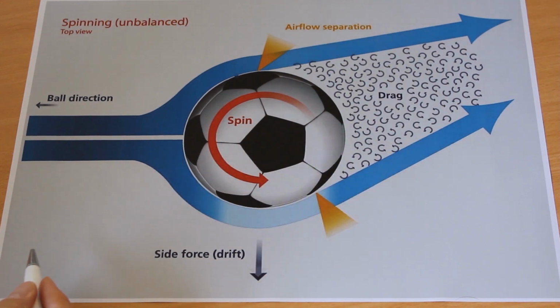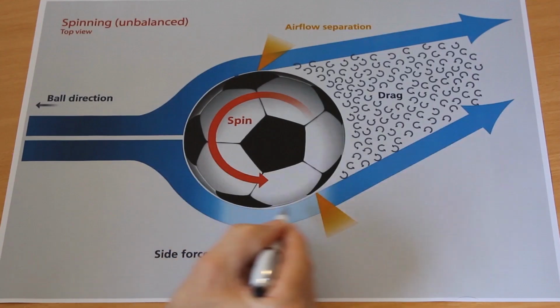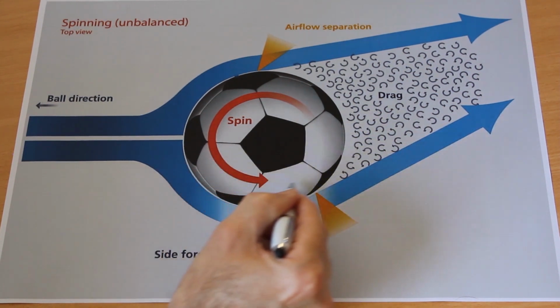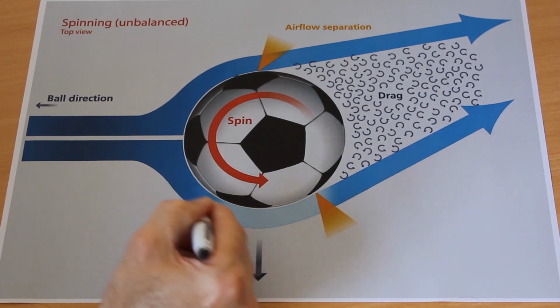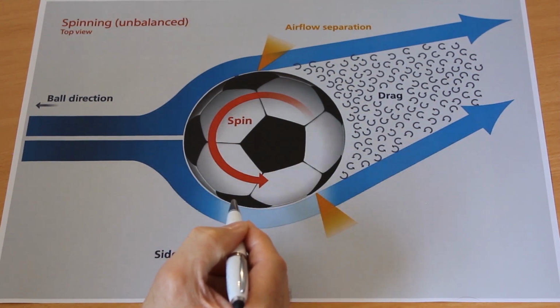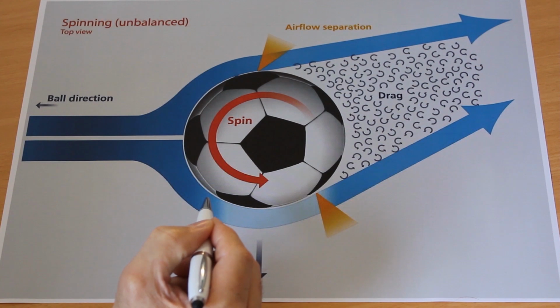And it turns out that there's an additional effect when you have a spinning soccer ball: on the side where the motion of the ball is in the same direction as the motion of the boundary layer flow, those two work together to create an extra low pressure regime, pressure that's a little bit lower on this side compared to this side. But that's not the only effect.